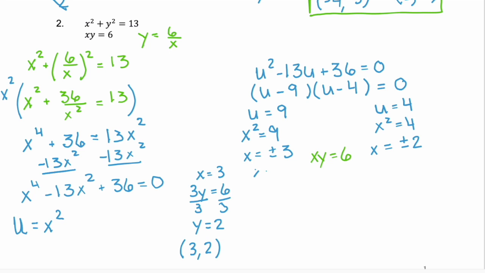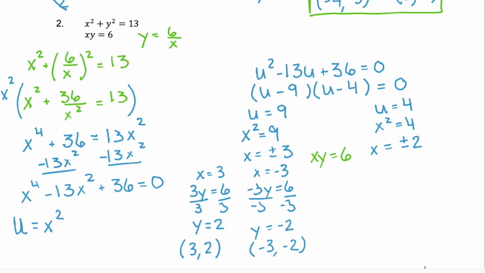If x equals negative 3, we have negative 3 times y equals 6. Divide by negative 3, and y equals negative 2. That would be the point negative 3, negative 2.